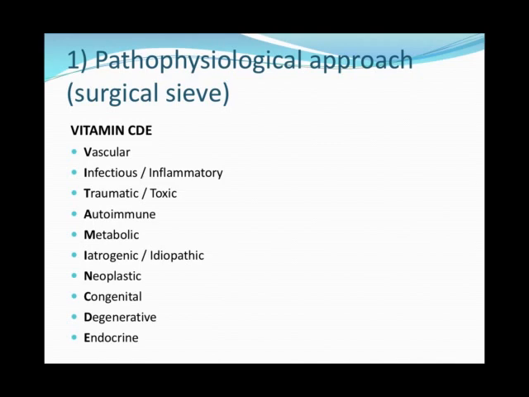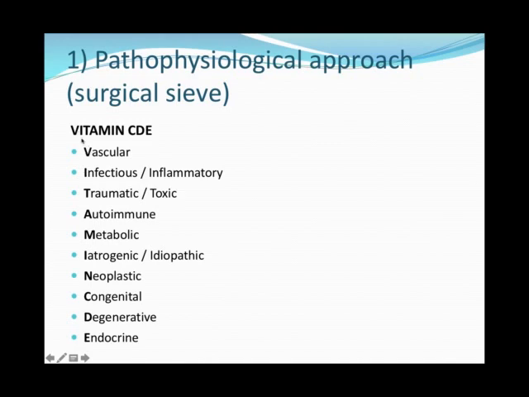So if someone is coming in having fatigue or something like that, we can start thinking, maybe use a mnemonic like this: VITAMIN C, D, E. There's another one, VINDICATE, where each letter means something different or can remind you of something different.